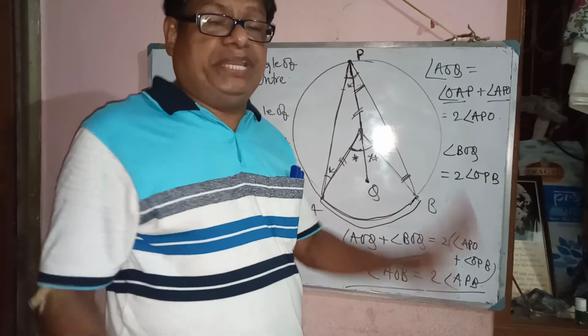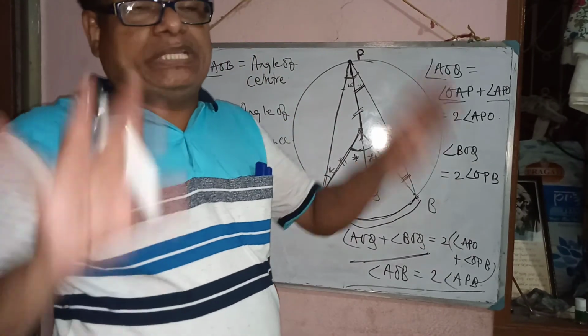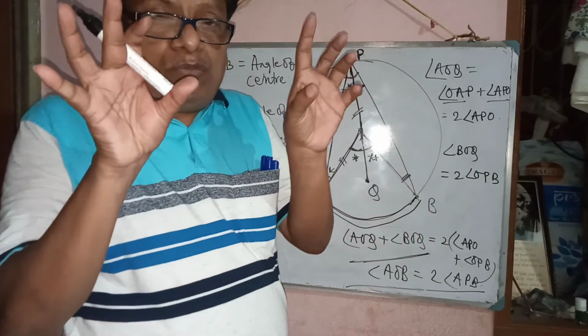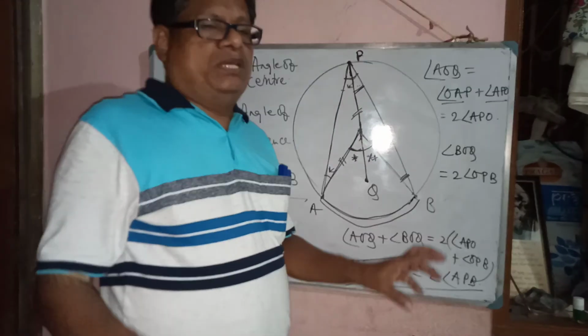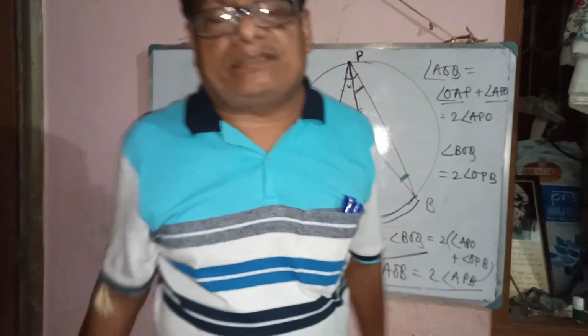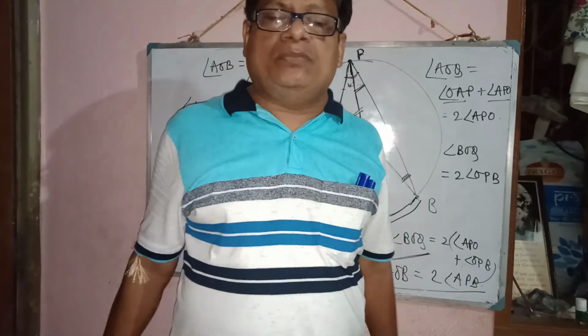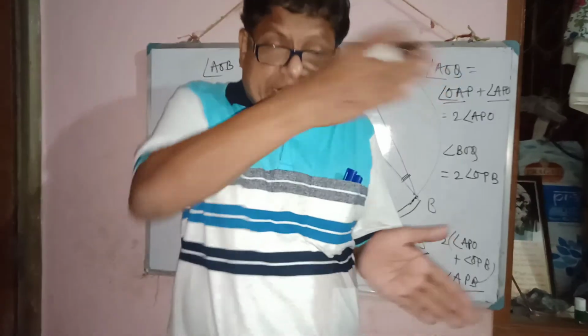Keep in mind, a very important theorem. With the help of this theorem, we can do various types of geometrical applications. So the angle at the center equals 2 into the angle at the circumference, if it is the same arc.